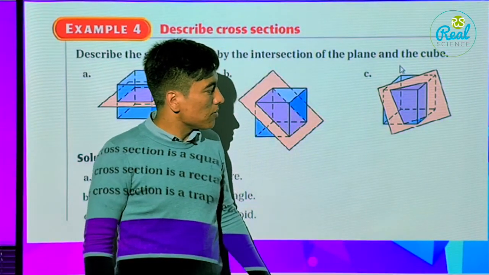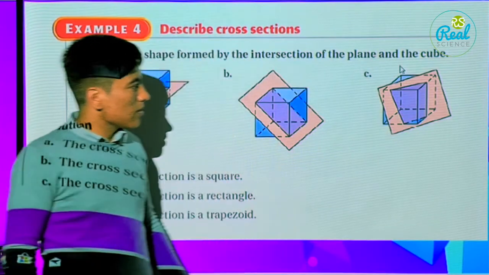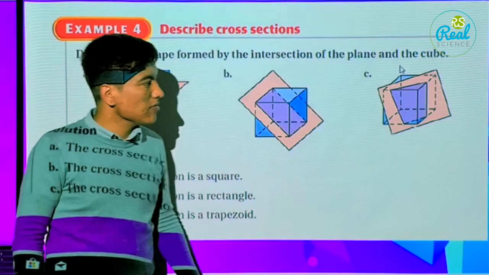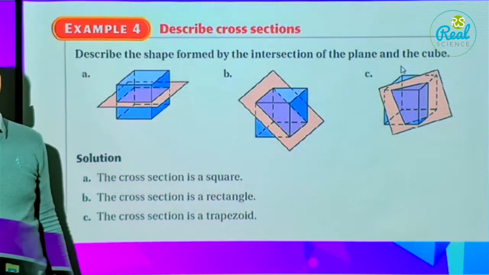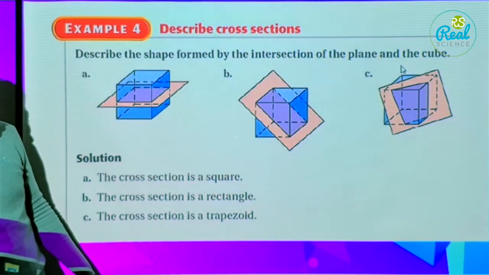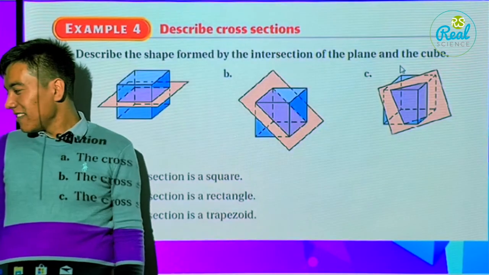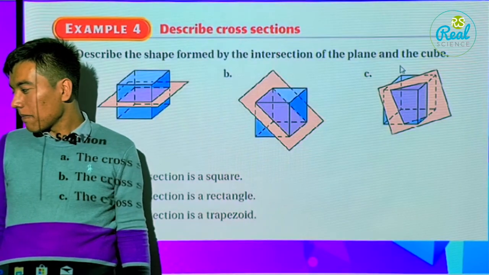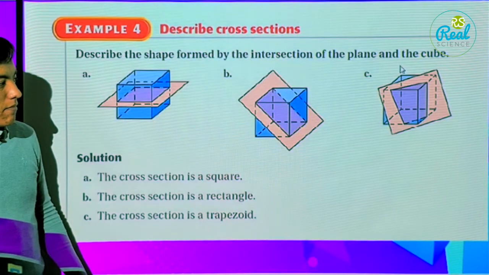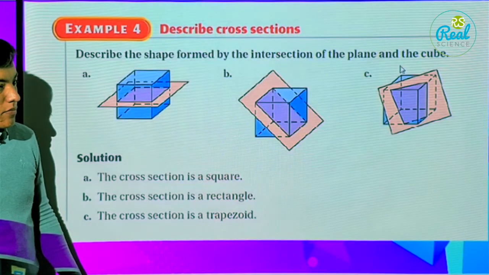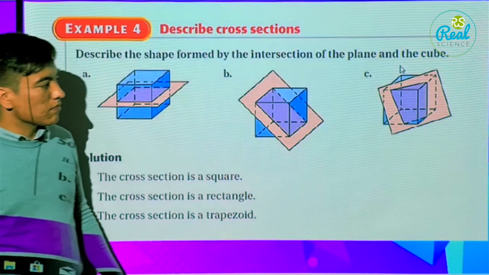What about this one? Trapezoid. How did you find it? Two opposite sides are parallel, and another two sides are equal.